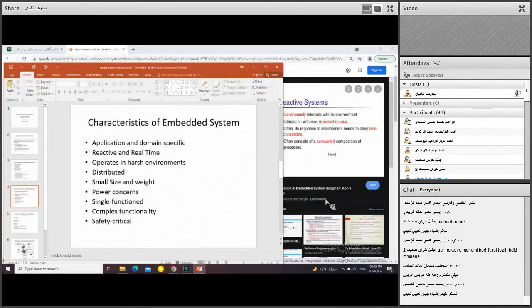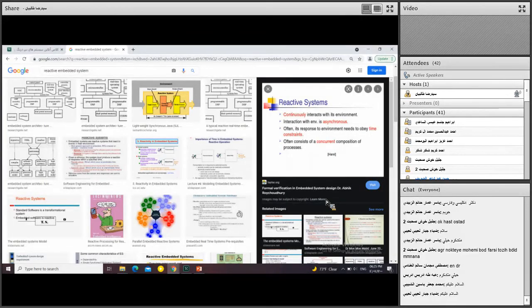The other is real time. You know real time. What is real time? Real time means that it has a very high speed. This system has a very, very high speed.